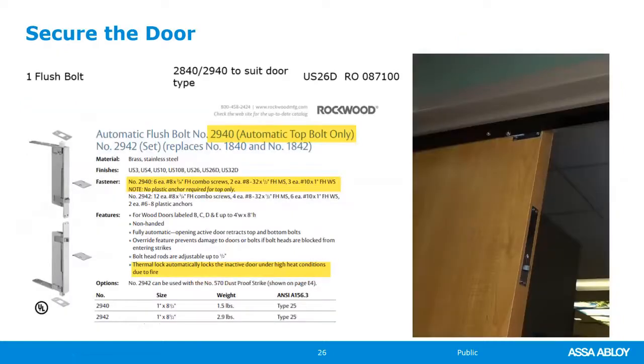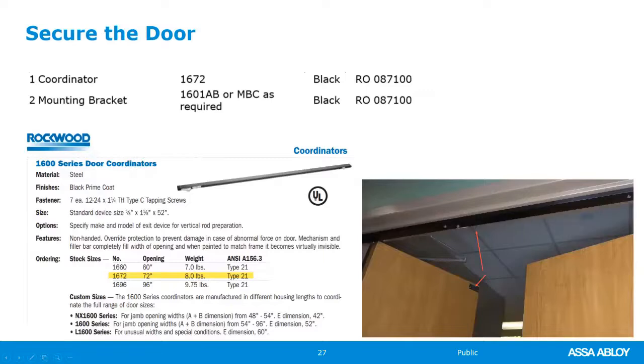The automatic flush bolt, we're just using top only. And as you could see from the video, when the active leaf hits this latch, it pushes the bolt up into the head. The coordinator is the soffit mounted.